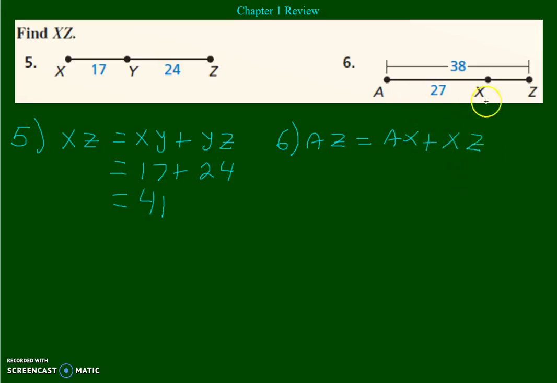Now we can go ahead and fill in what we know. We know that AZ is 38. We know that AX is 27, so we can substitute that in, plus XZ. And this is the variable we have to solve for. So what we're going to do is subtract 27 from 38, which is 11.